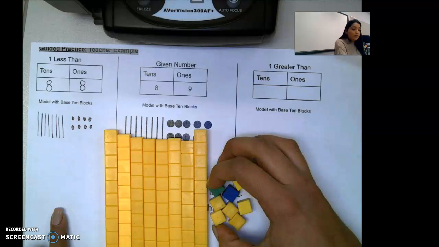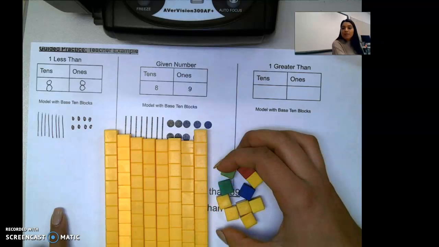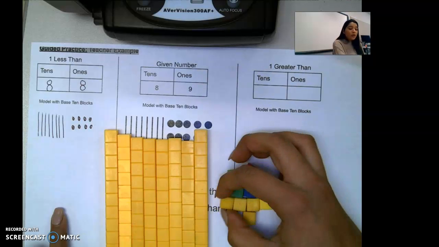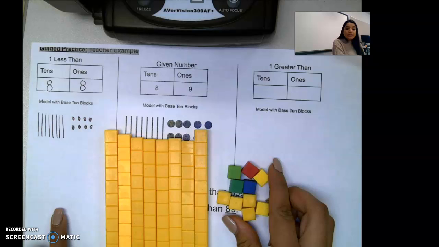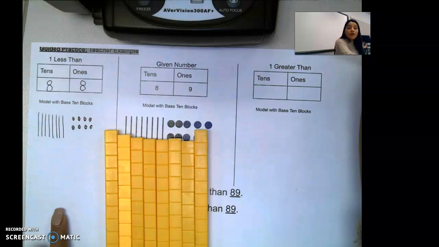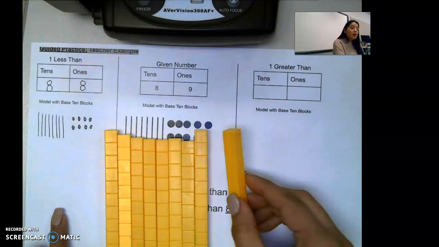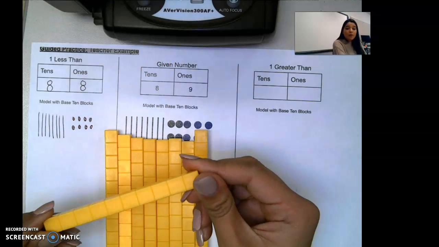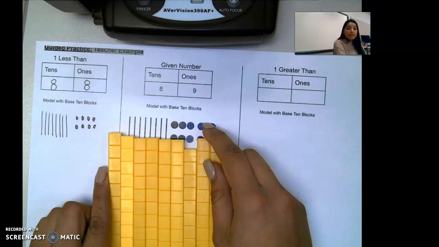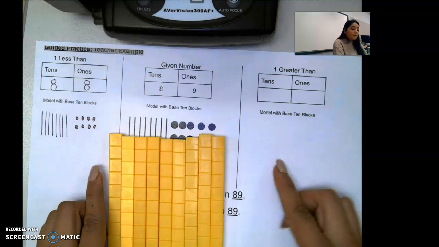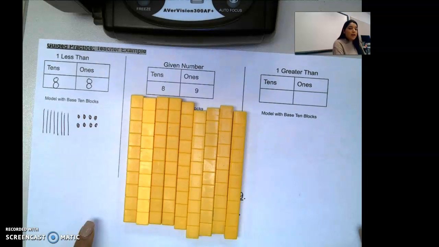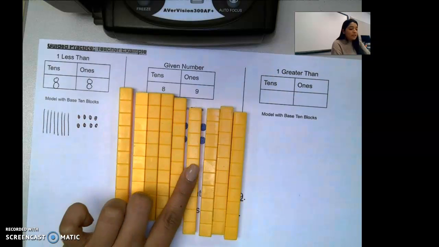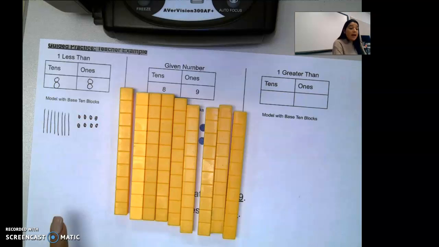So 1 greater than, so we're going to add 1. But wait, we had 9, and what's 9 plus 1? 10. So we can switch out these 10 ones for a 10 long, because remember, a 10 long equals 10 ones. So now how many 10s do we have? 1, 2, 3, 4, 5, 6, 7, 8, 9 10s.